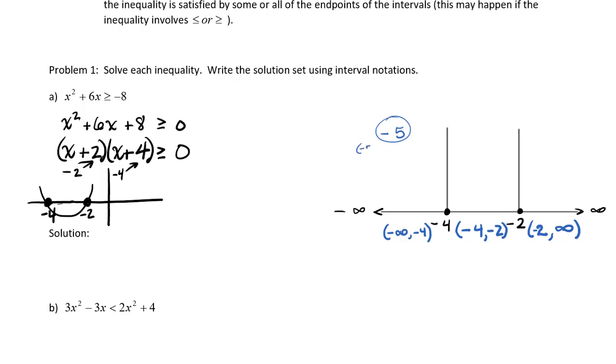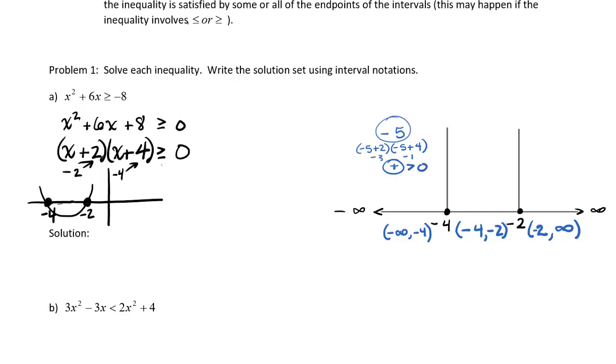Negative 5 plus 2 times negative 5 plus 4 gives me a negative 3 and a negative 1. A negative times a negative is a positive, and so this interval from negative infinity to negative 4 is positive, or we could say it's greater than 0.